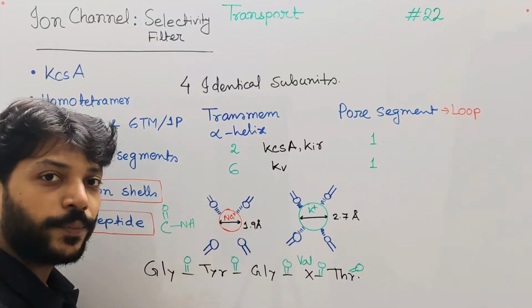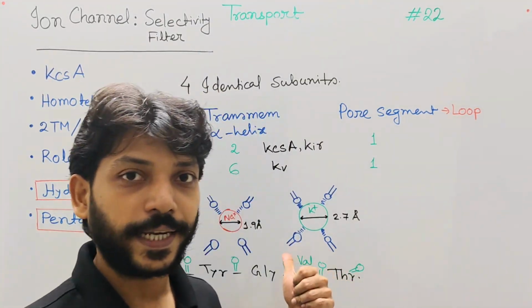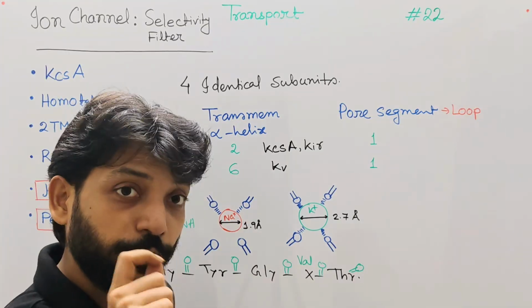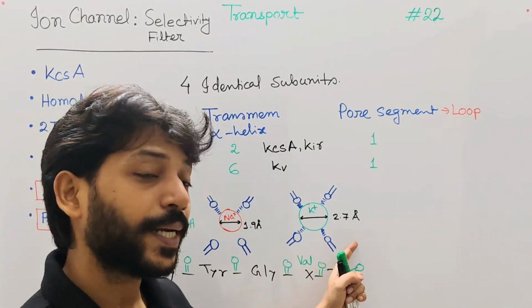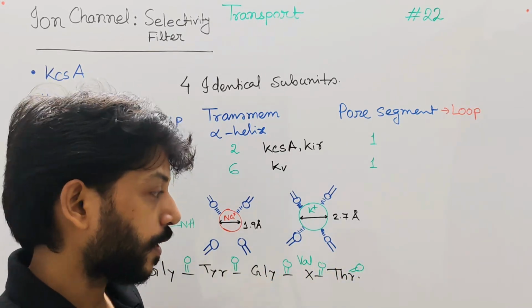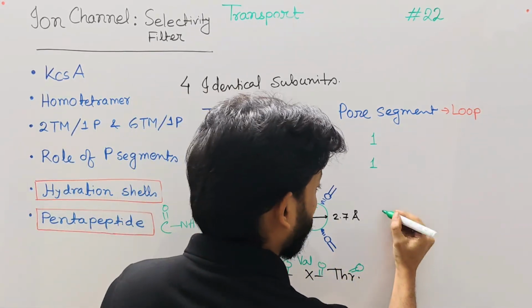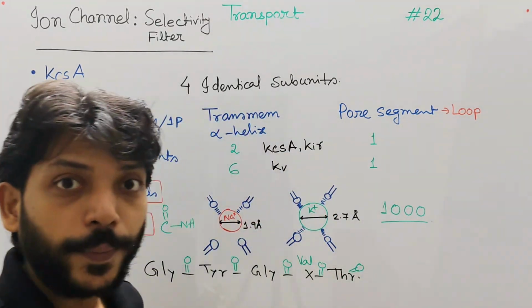So why can sodium not enter inside the selectivity filter, because it is smaller in size? But you will be surprised that potassium channels favor potassium ions over sodium ions 1000 times. That means it prefers potassium ions 1000 times, not the sodium ions.